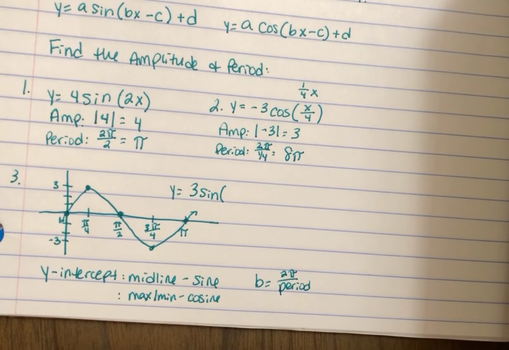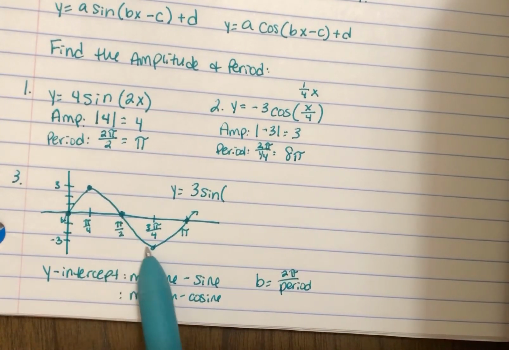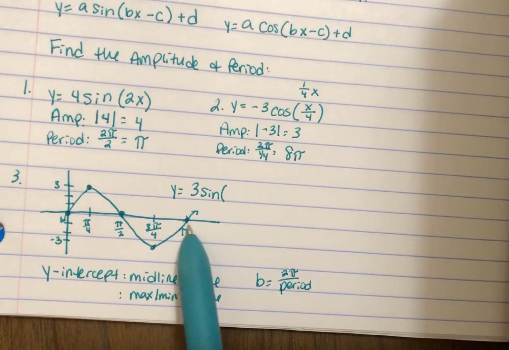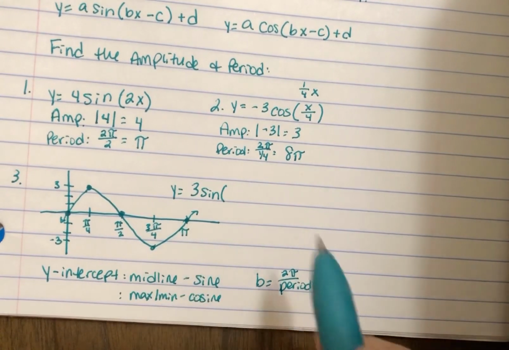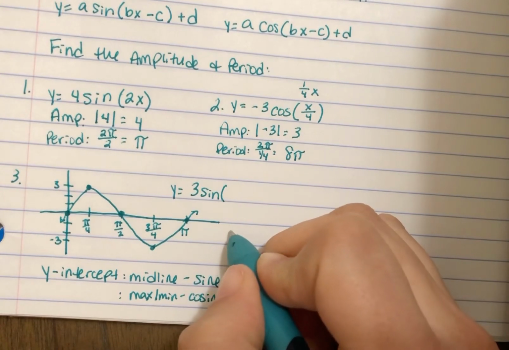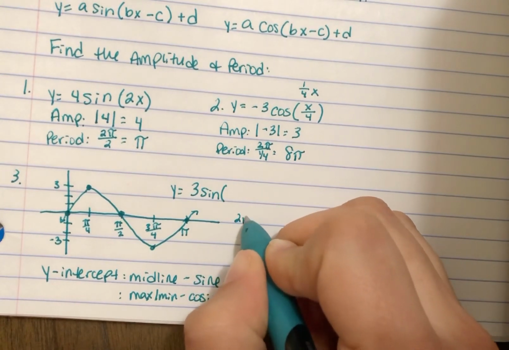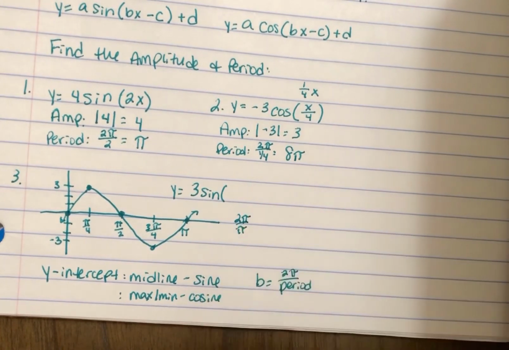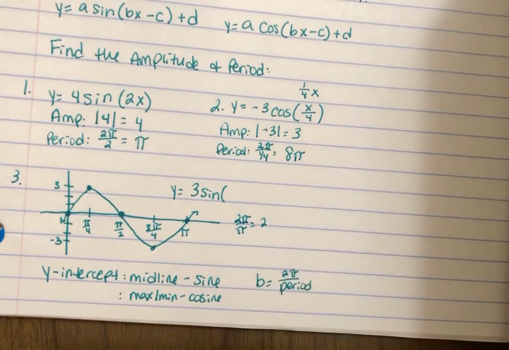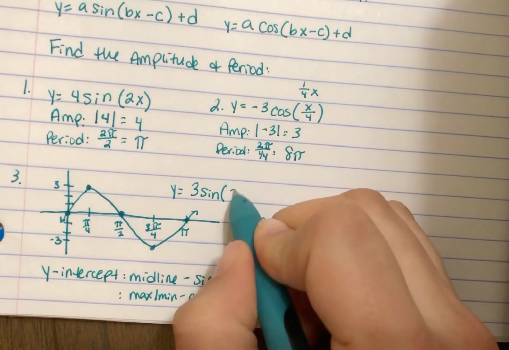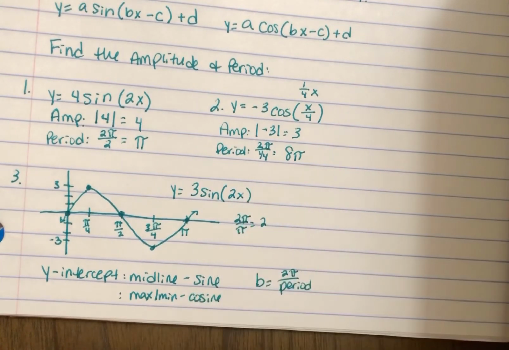If we look at this one, it only has one rotation, so it's not too hard to figure out. We went midline, max, midline, min, midline, and our x value there is pi. So to find b for this one, we would do 2 pi divided by pi. Our pi's would cancel out and we would get 2. So it would be sine of 2x.